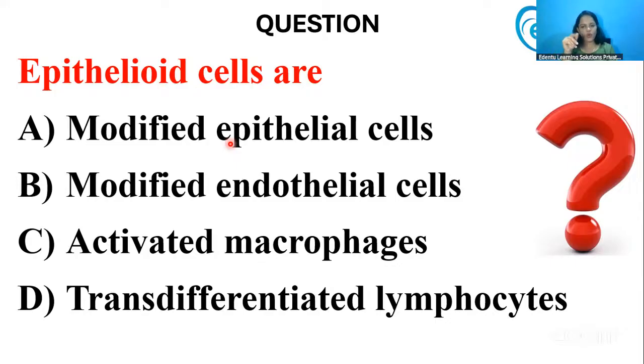Something that ends with -oid means it is resembling some other type of cell. Like osteoid means bone-like. Here, epithelioid means epithelial cell-like. They are not exactly epithelial cells, they are epithelial cell-like.